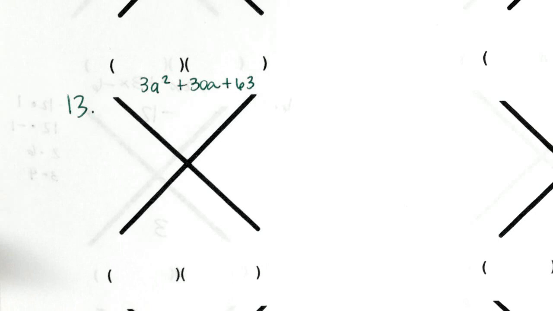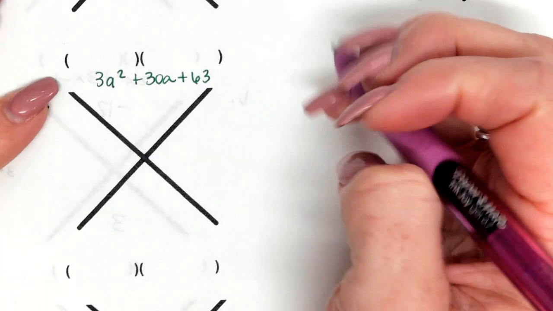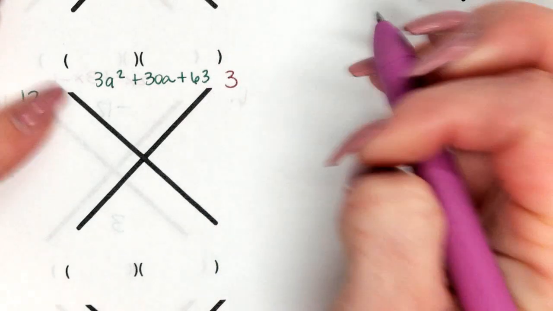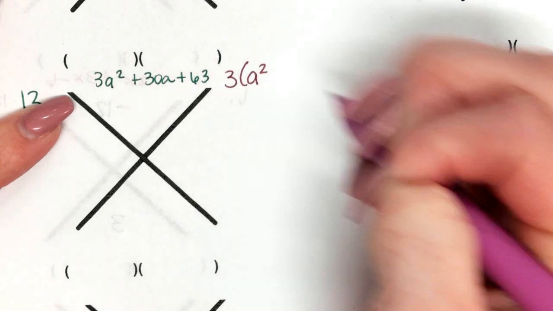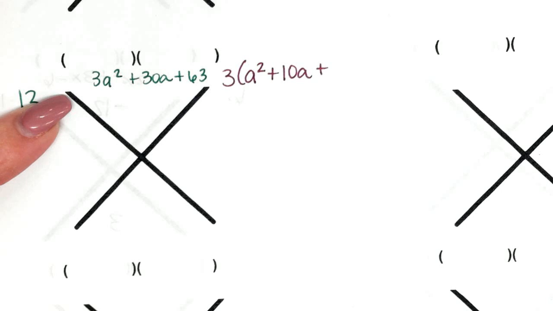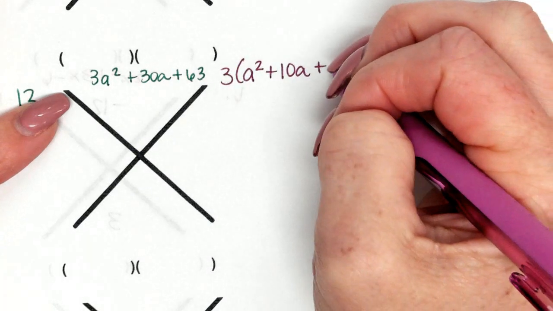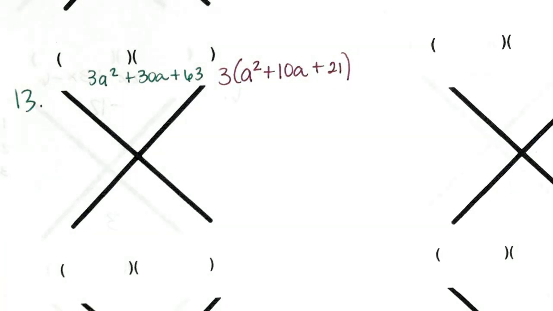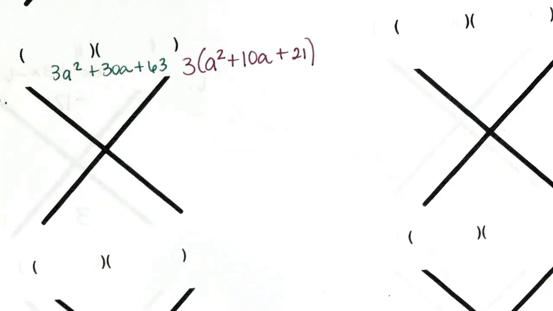A 3. Okay, so you would take out a 3, and you would be left with a squared plus 10a plus, and 63 divided by 3 is 21. Now it can be factored, but it could not be factored this way until you pull out that greatest common factor.